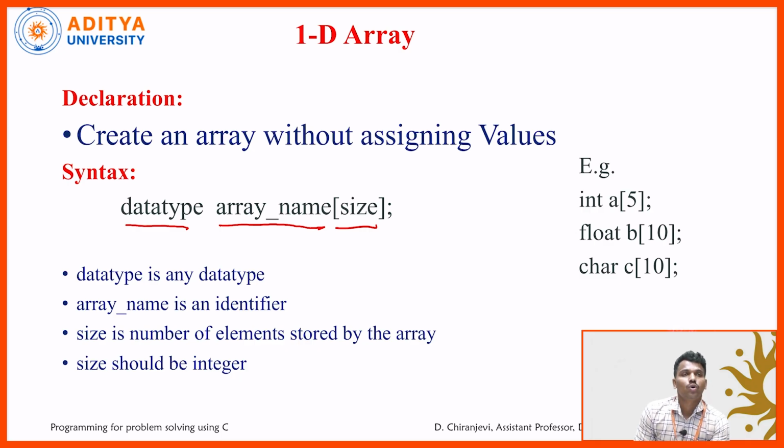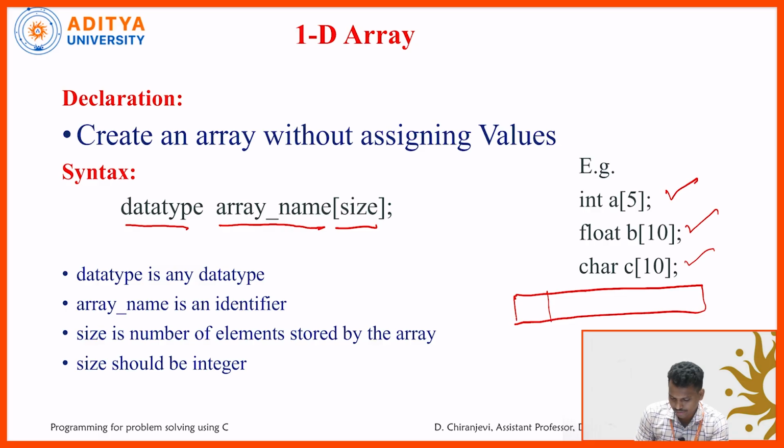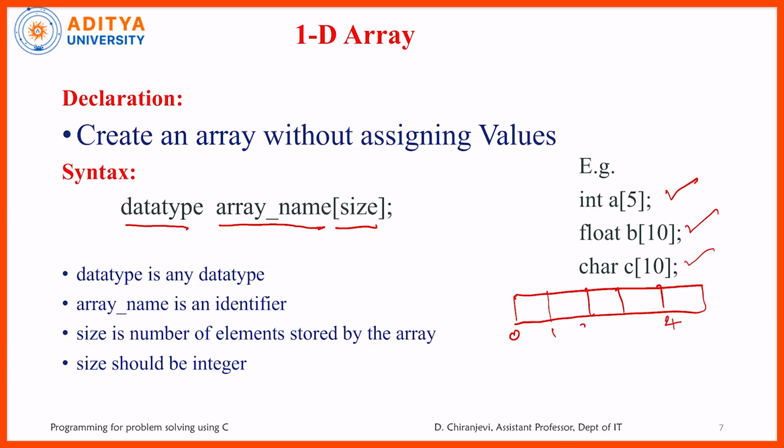Now what does declaration mean? Declaration means you only create an array without assigning any values, like int a of 5, float b of 10, char c of 10. If you declare an array of size 5, it will allocate memory for 5 elements immediately, index 0 to index 4, array name a.